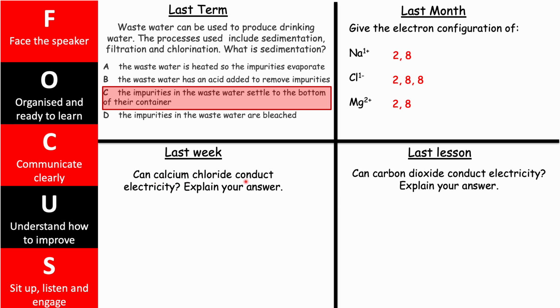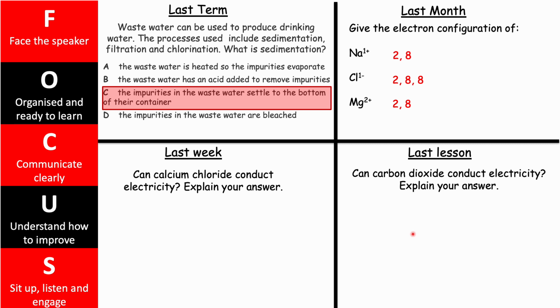In terms of answering whether ionic compounds can conduct electricity, we know even though they have ions in a solid, the ions are in a fixed position. So ionic compounds cannot conduct when solid because the ions are in fixed positions, but they can conduct when liquid or aqueous because those ions are free to move.